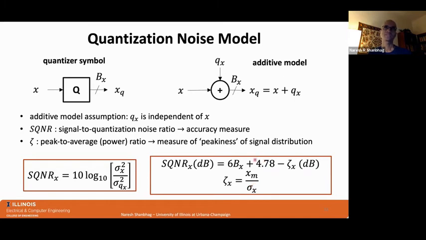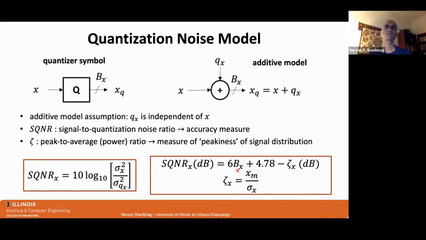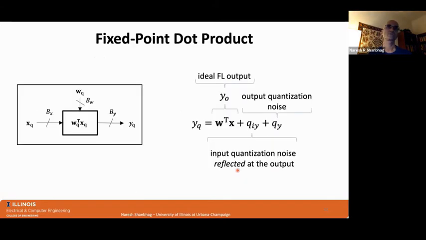This gives you a very nice rule of thumb: for every bit that you assign to X, you get a 6 dB gain in SQNR. So the 6 dB per bit rule straight away emerges from this equation.